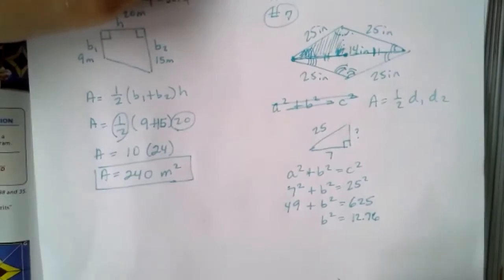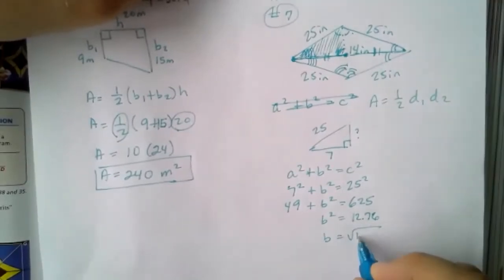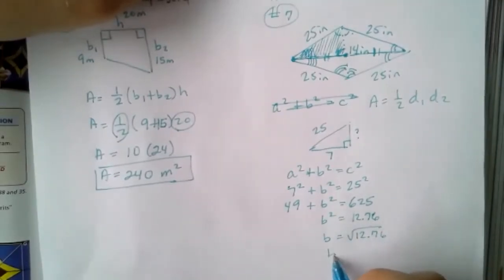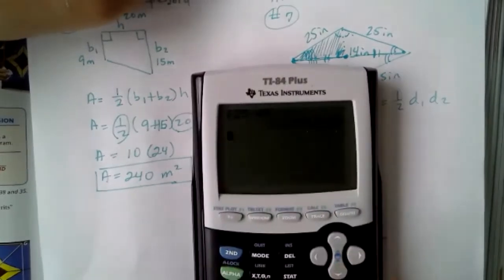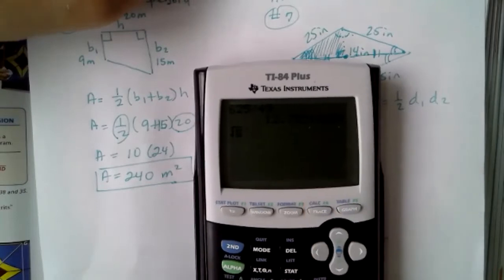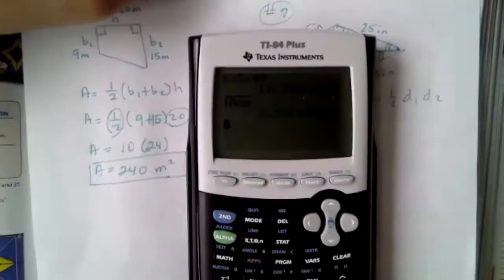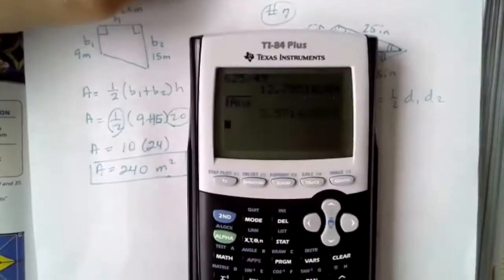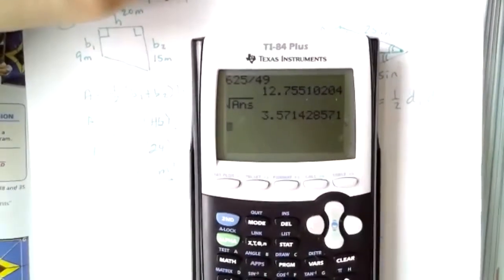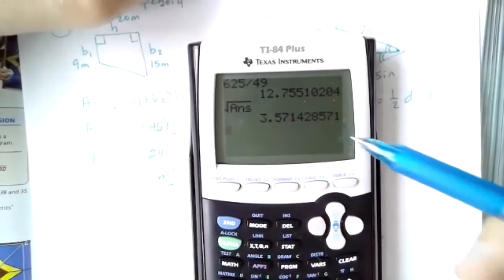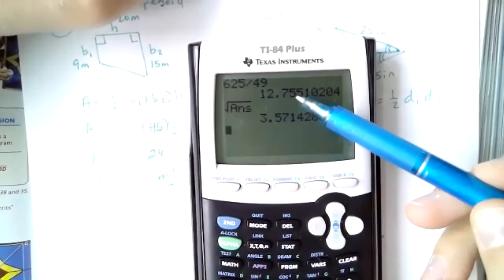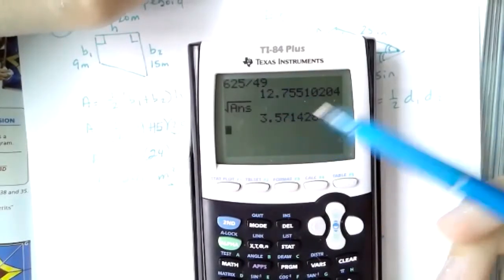So I need to square root both sides. So the square root of 12.76 is, let's see what that is, second square root, second answer, and I should get 3.57. All right, let me pull that back so you can see what it looks like. All right, so the square root of 12.76 is 3.57.